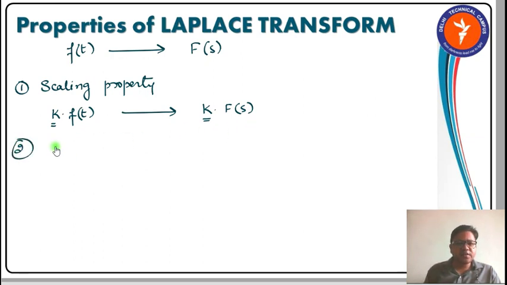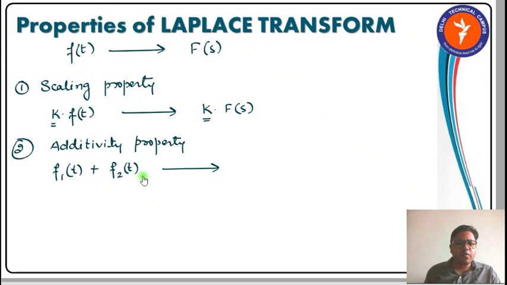The second property is the property of additivity. Now this property states that suppose I have a function f1 of t which is getting added with another function f2 of t, then the Laplace transform of the two functions which are added can be distributed, and it will be equal to F1 of s plus F2 of s.